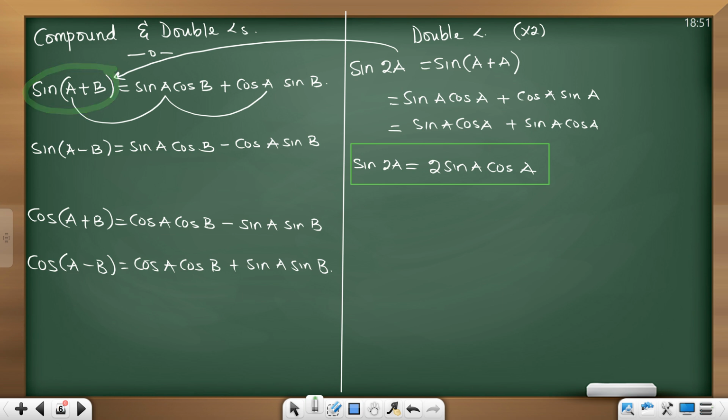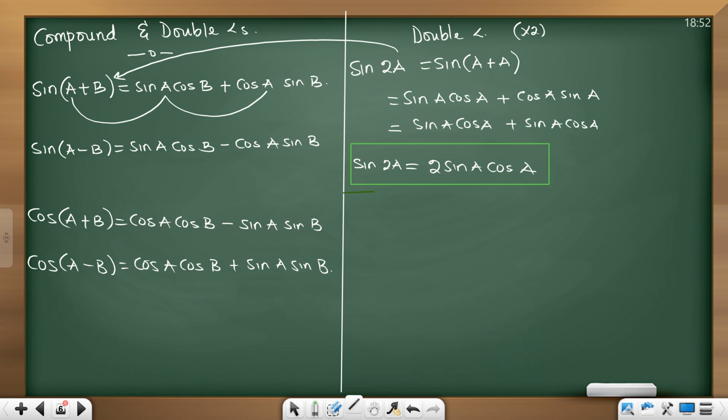The only thing is I've replaced my B with A. So can you see sine A cos A plus cos A sine A? Are we together? Yes. And if I rearrange, it is just like that, which gives me sine 2A equals 2 sine A cos A. Are we good? Yes, we are good.